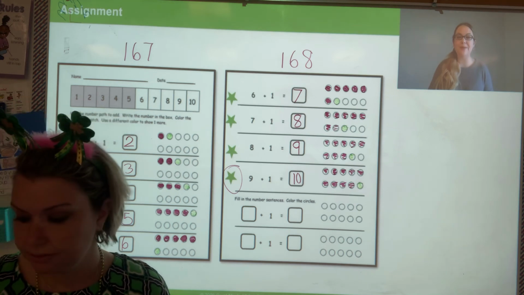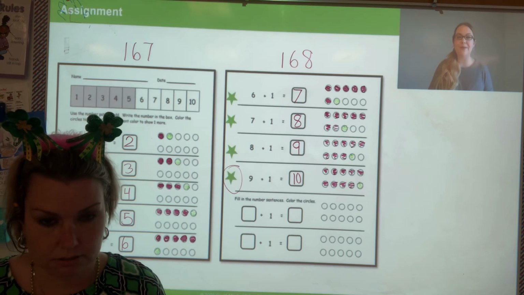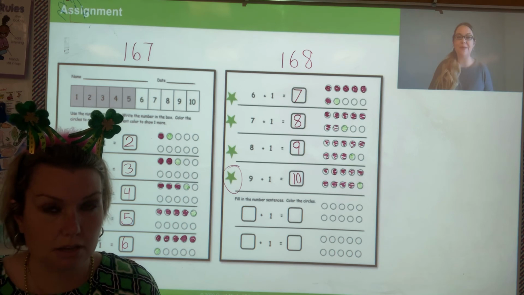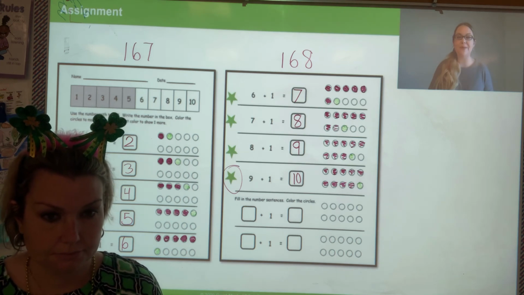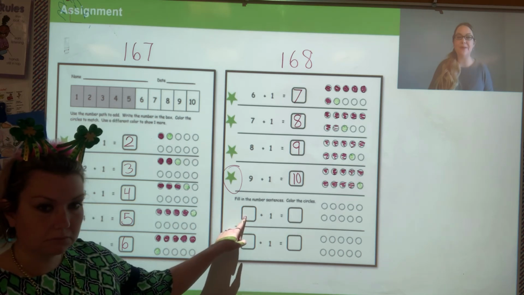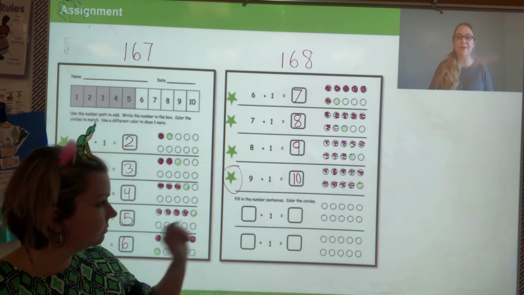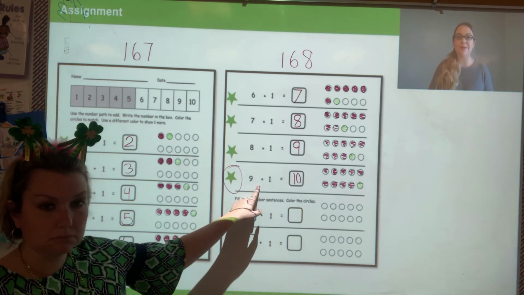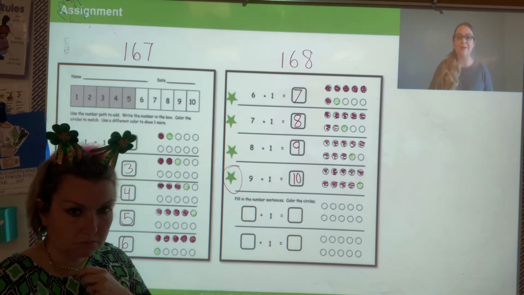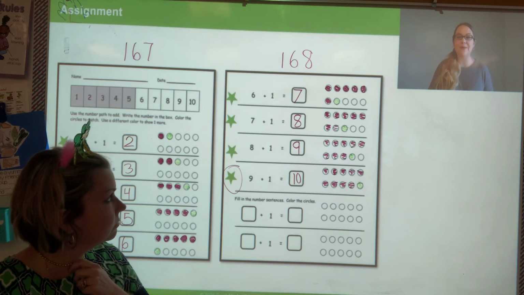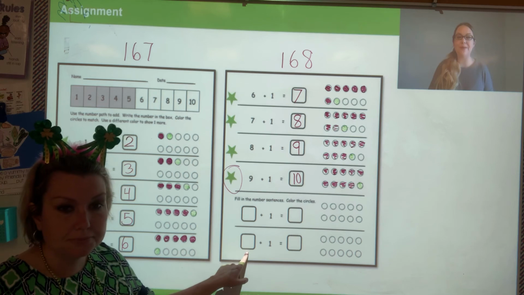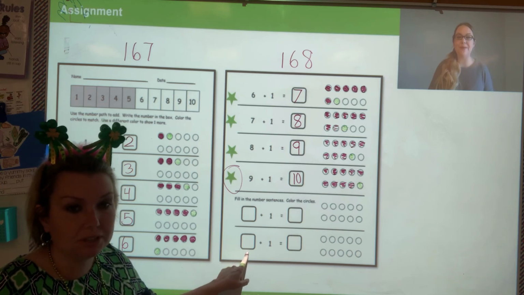Smriti, what's your question? On the last page, that one box right at the bottom, there are 2 blank boxes. Yes, you'll just pick a different number.